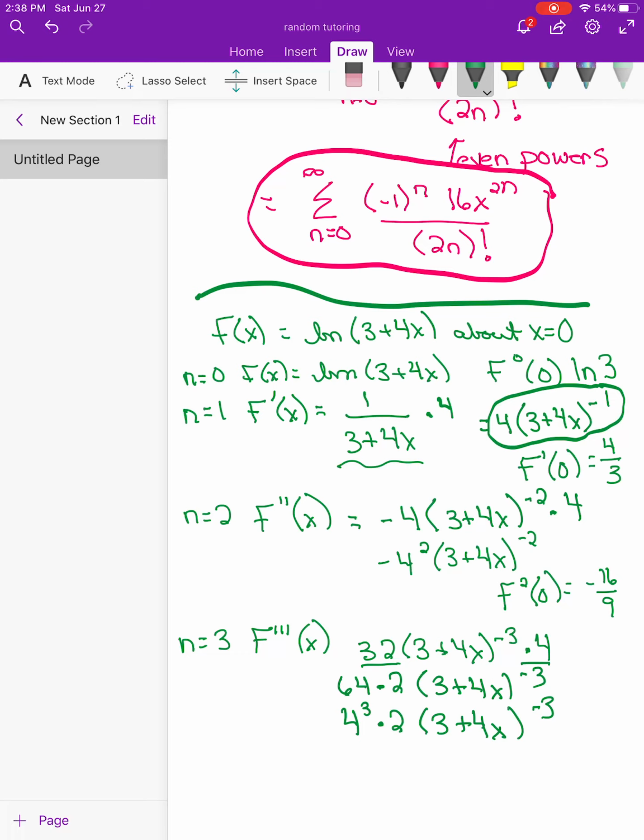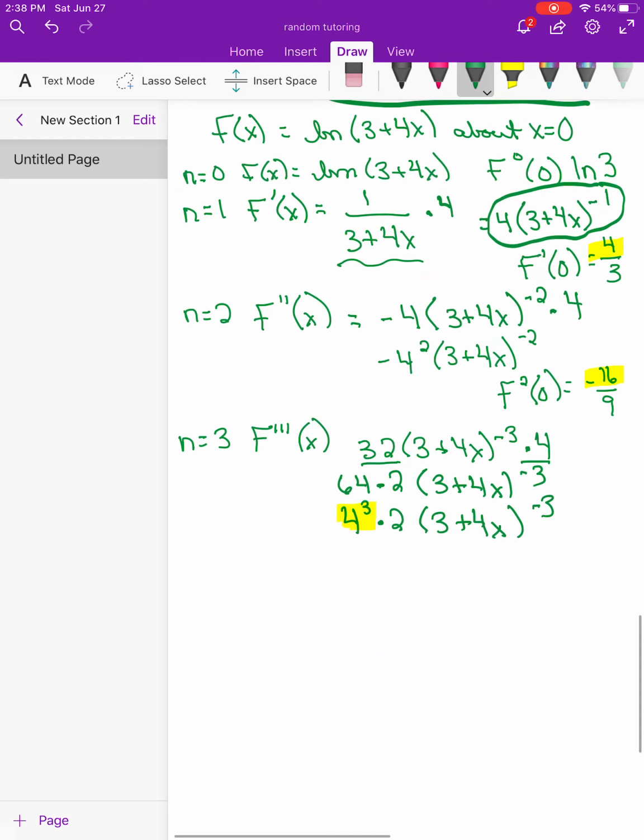If you think about this, here we've got 4, this is 4 squared, then we'll have 4 cubed, then 4 to the 4th. That's where you're looking for your patterns.